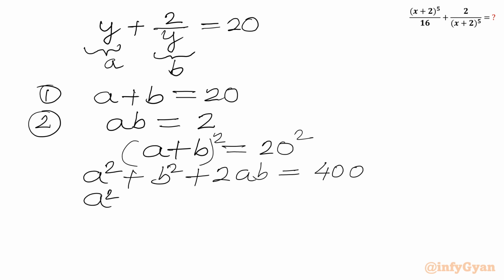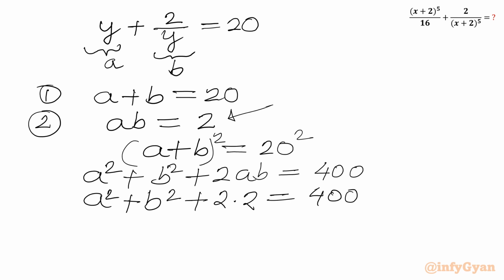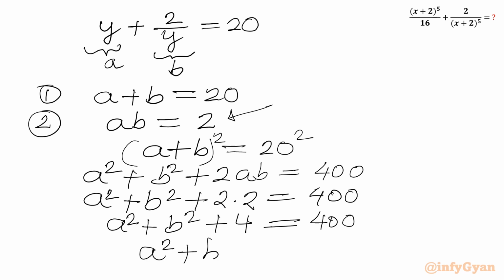Now I can write a square plus b square plus 2 times 2, because ab is 2, equal to 400. a square plus b square plus 4 equal to 400. a square plus b square equal to 400 minus 4, so 396, and this is our equation number 3.